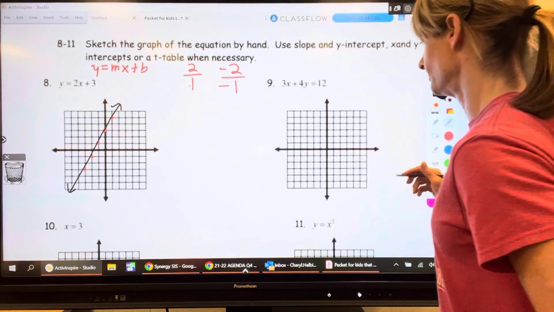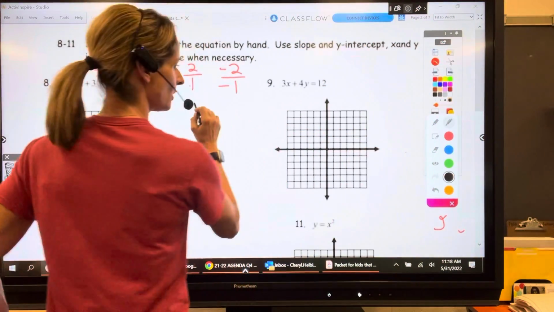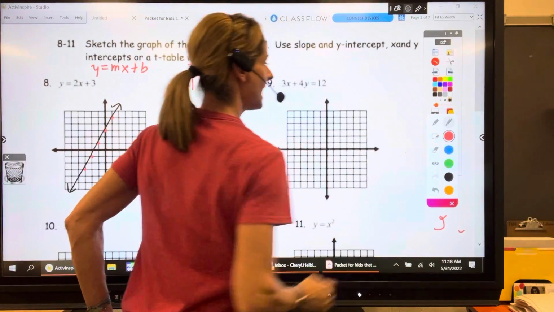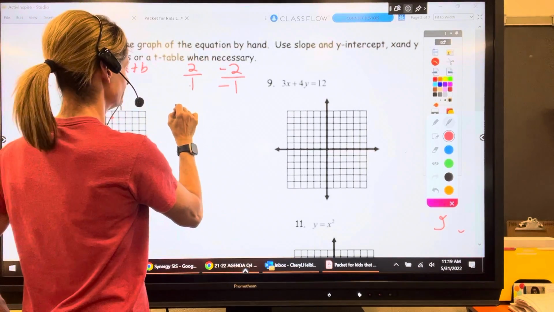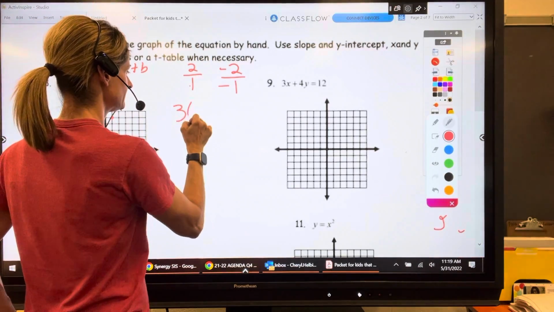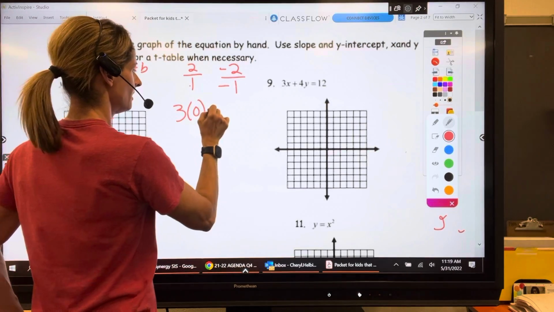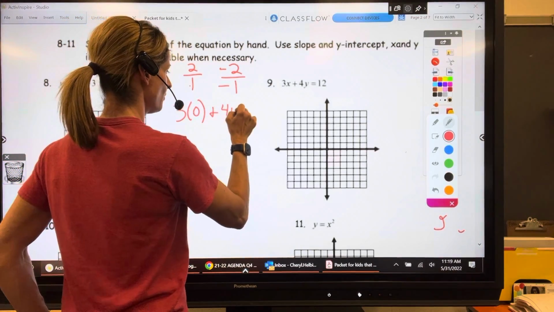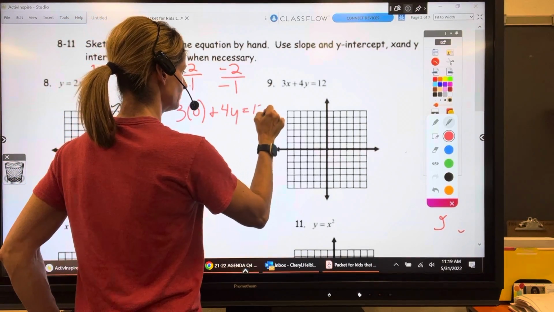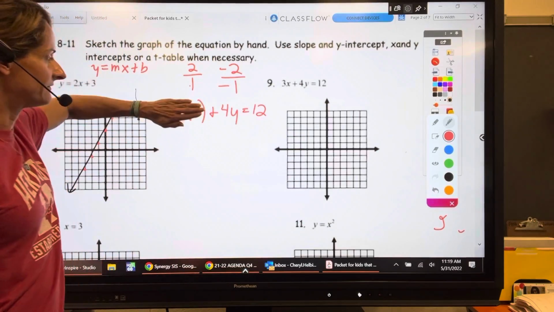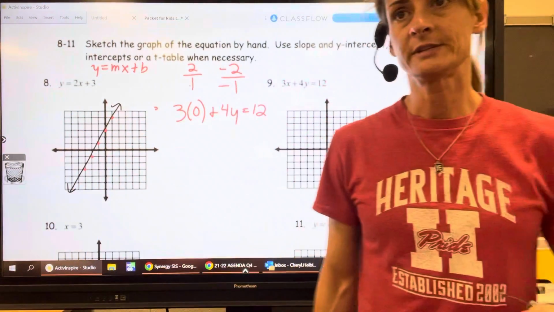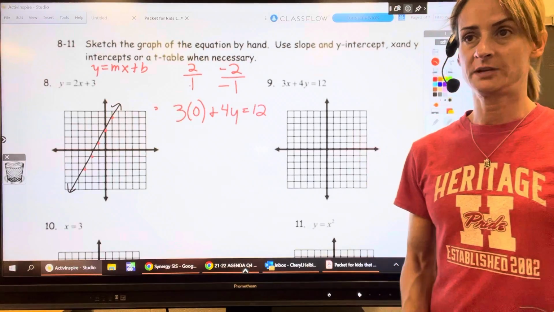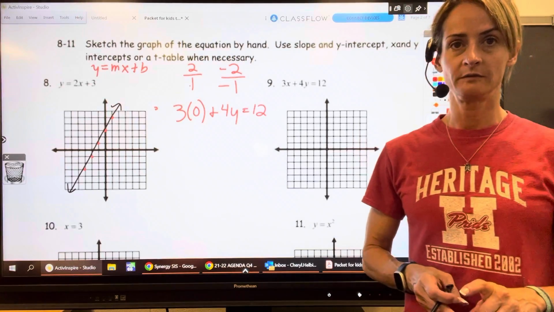So, in red, I'm going to put in 0 for x. So 3 times 0 plus 4y equals 12. Now I can see that if this is 0, 4y equals 12. If I divide both sides by 4, my y is going to be 3, because 4 times 3 is 12.